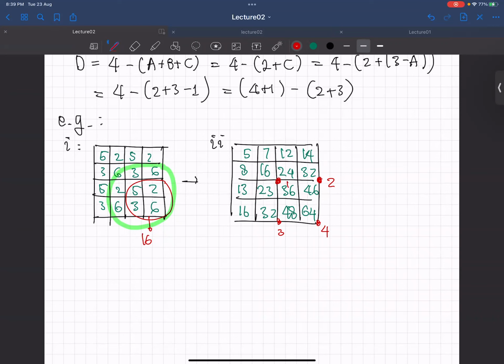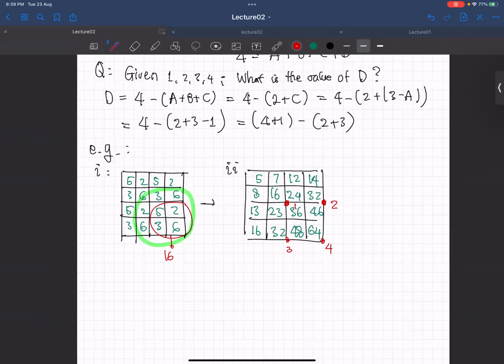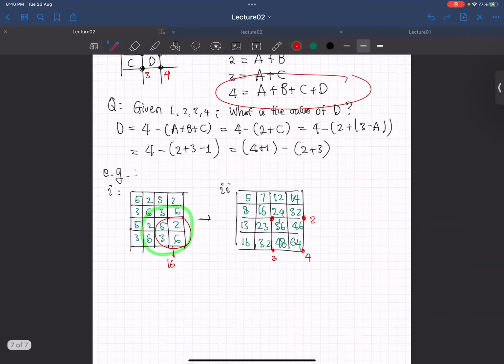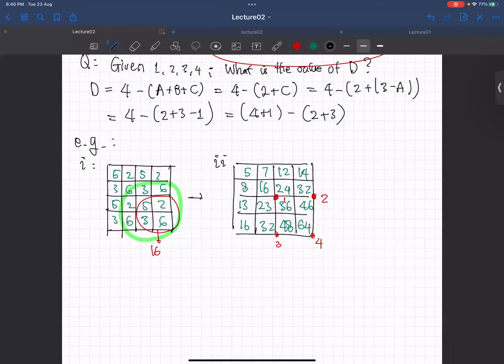Remember that we want to find node number 4, because node number 4 is the sum of A, B, C, D. So in this case, D red equals 4 plus 1 minus 2 plus 3, according to this equation here.